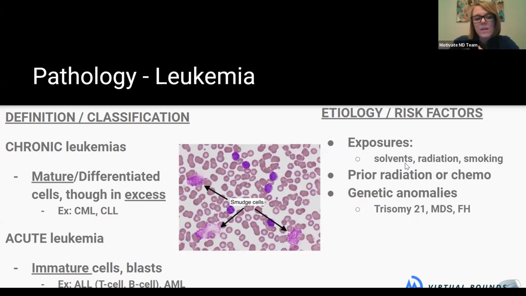So for chronic leukemias, what we are defining it as is mature, differentiated cells. As we saw in that blood smear before, we saw a lot of mature cells. We didn't see a lot of blast cells, those immature cells. There's a lot of them, and they're in excess. The 2 chronic leukemias that I have written as an example are CML, chronic myeloid leukemia, and chronic lymphoid leukemia.